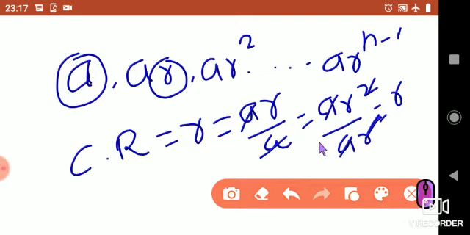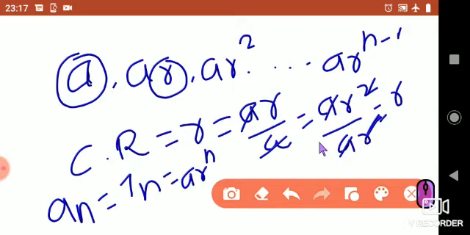And the nth term of the geometric progression is denoted by the notation AN or TN, and it is given by the formula A into R to the power n minus 1.